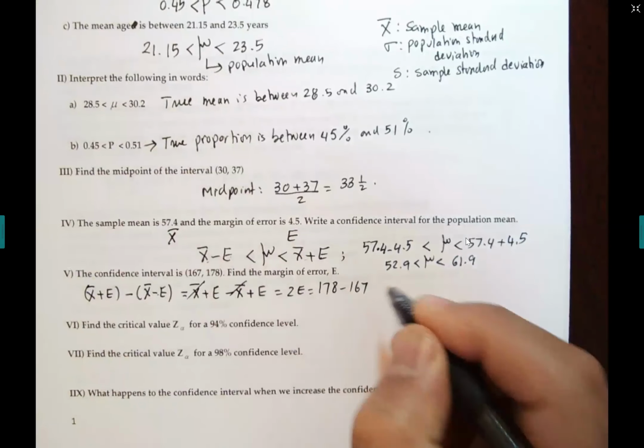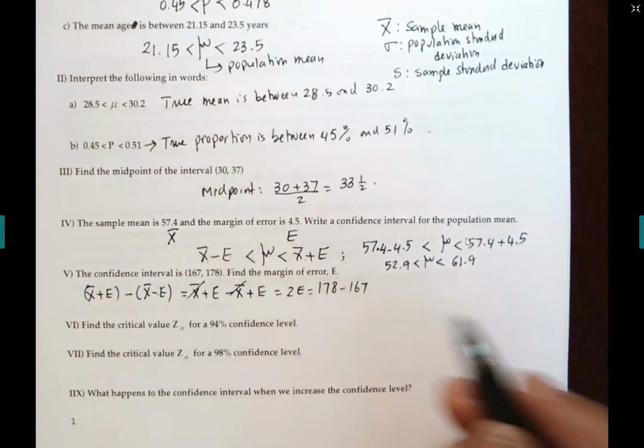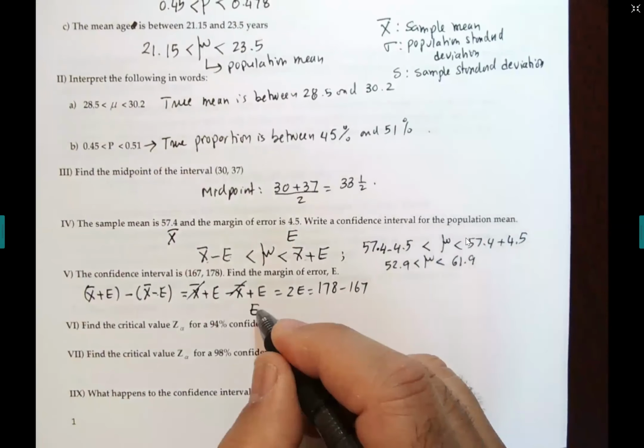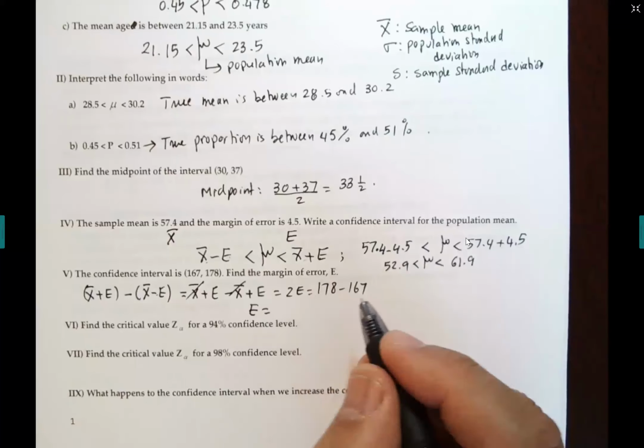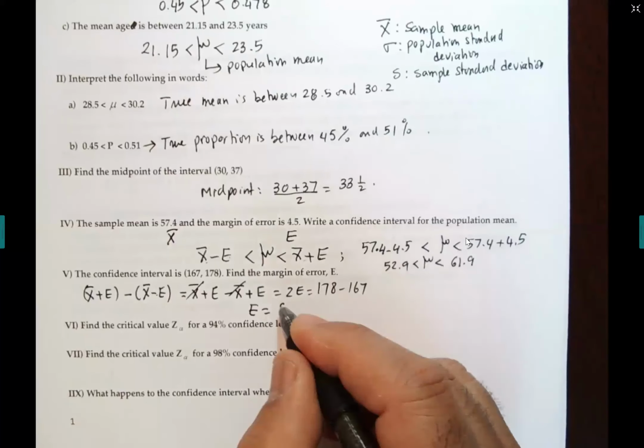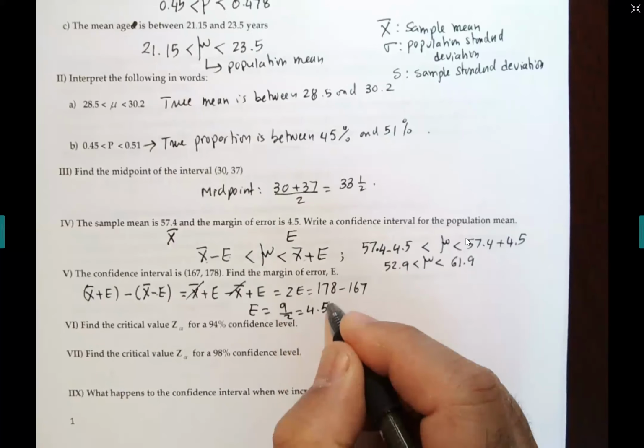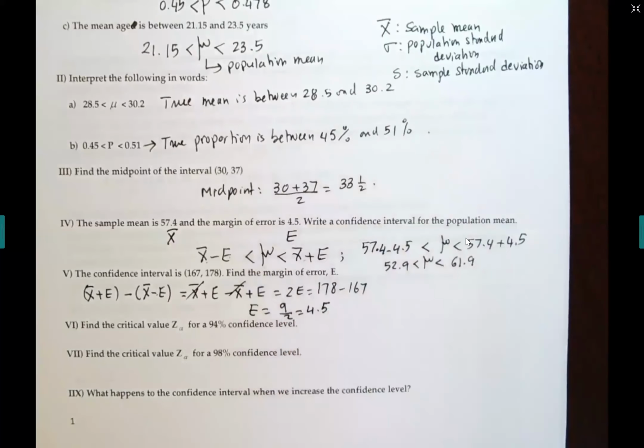That's 2E. So you subtract, and then in order to find E, you have to divide by 2. So it will be 178 minus 167, which is 9, divided by 2, which is 4.5. So guys, when he gives you a confidence interval and he asks you to find the margin of error, you subtract the lower limit from the upper limit and divide by 2. But if he gives you a confidence interval and asks you to find the mean, you add them up and divide them by 2, the sample mean.